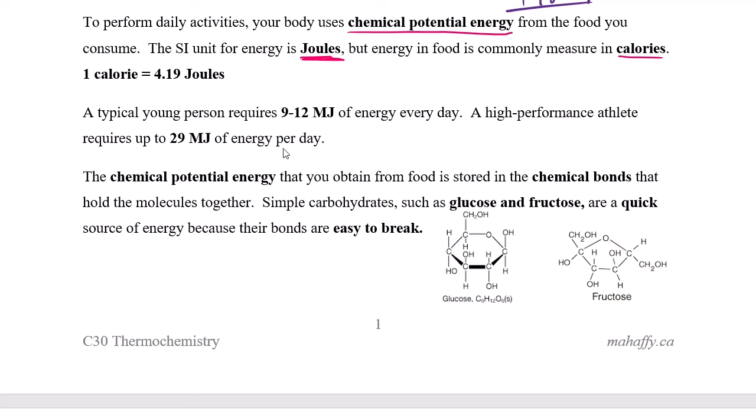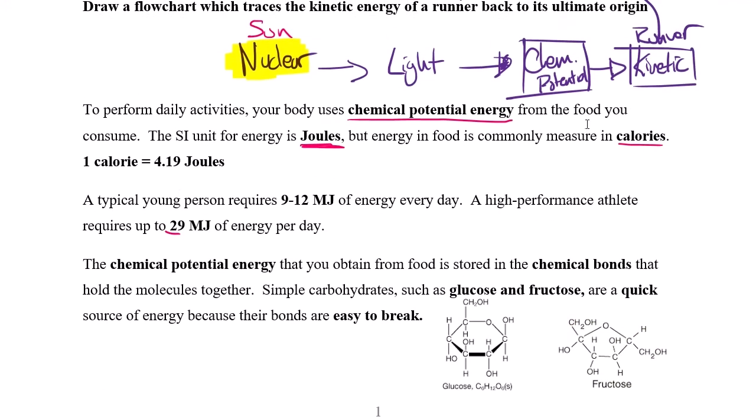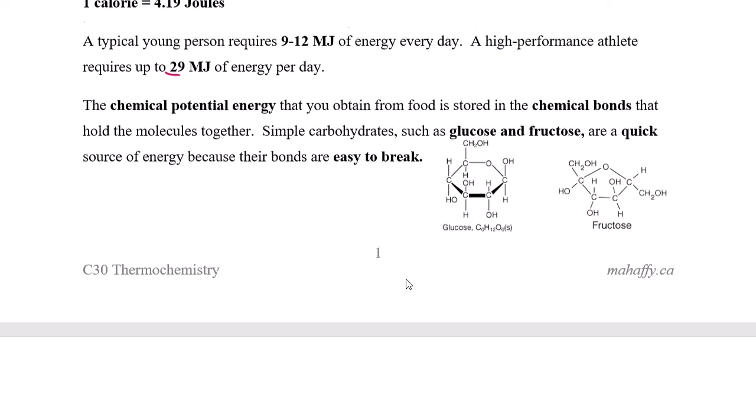And so if you're a typical young person, you need between 9 and 12 megajoules of energy every day. And if you're a high performance athlete, you might need 3 times that. You might need up to 29 or 30 megajoules of energy every day because you're outputting so much kinetic energy and you're losing heat in the process that you need to be putting all of that energy into your body.